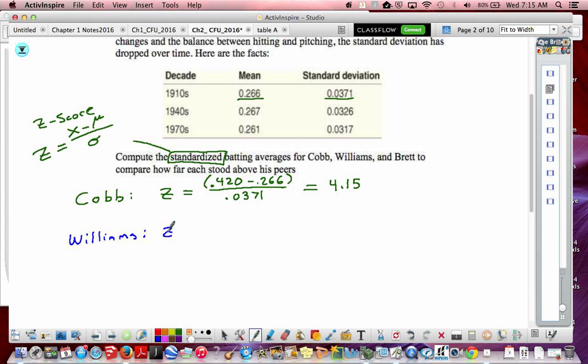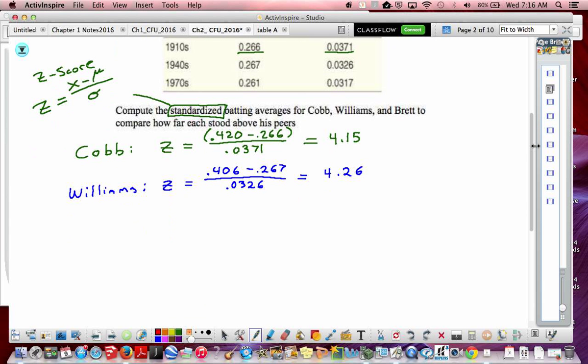All right, continuing on, Williams. His batting average was .406, minus, in his era the batting average was .267, but his standard deviation was a little bit smaller. When we calculate out this z-score, we get 4.26. So he's even farther away relative to his peers.